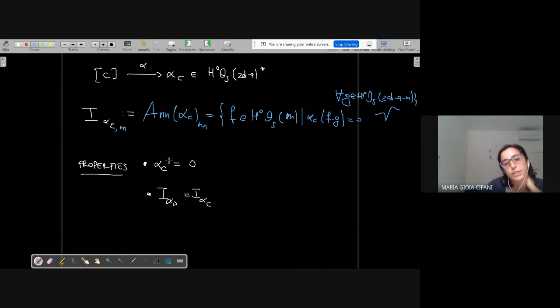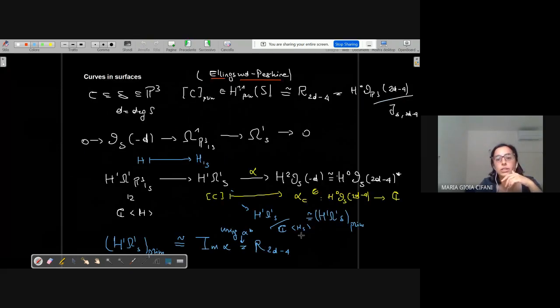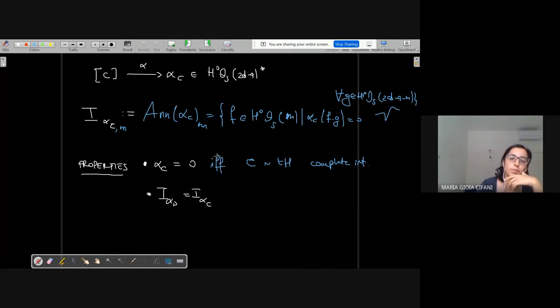And we have properties, like another Lefschetz property. The alpha c is 0 if and only if c is a complete intersection, because the kernel of alpha is exactly something that comes from the hyperplane section.